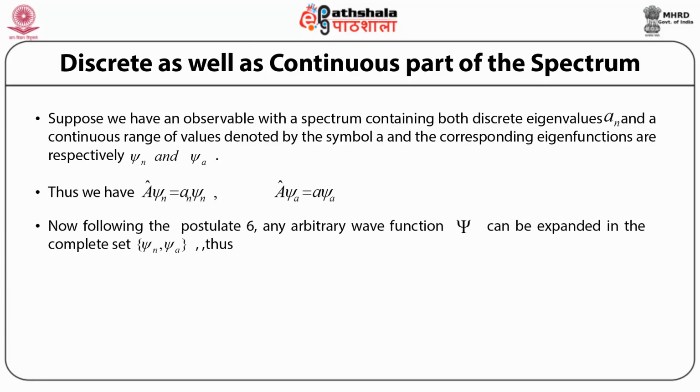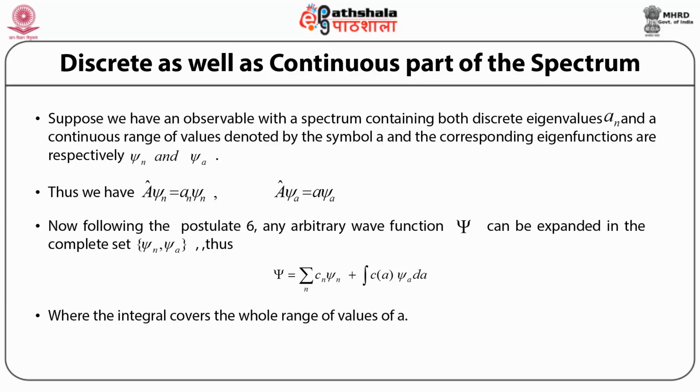Now following postulate 6, any arbitrary wave function psi can be expanded in the complete set psi n, psi a. Thus, psi is equal to summation over n Cn psi n plus integral C of A psi a dA, where the integral covers the whole range of values of A.